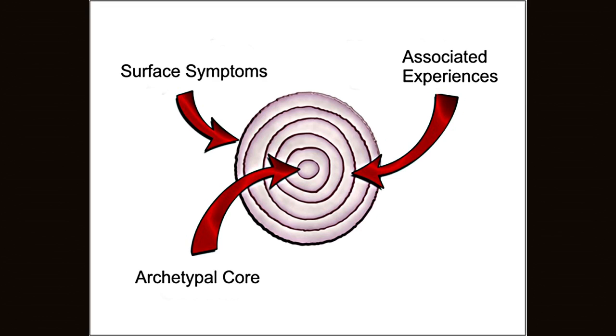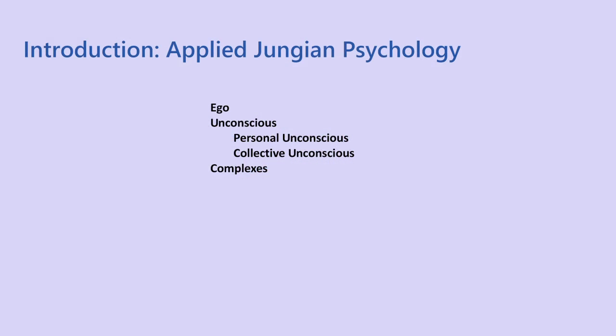Now, again, I'm not going to go into all the details of these. Murray Stein's book is a good place to look for definitions, and of course, Jung's own writings, and Jung 101 if you're interested in going back to that. Psychic energy, Freud called this libido, said all psychic energy was sexual. Jung said no, but he did a lot of work on the idea of the energy that moves through the psyche.